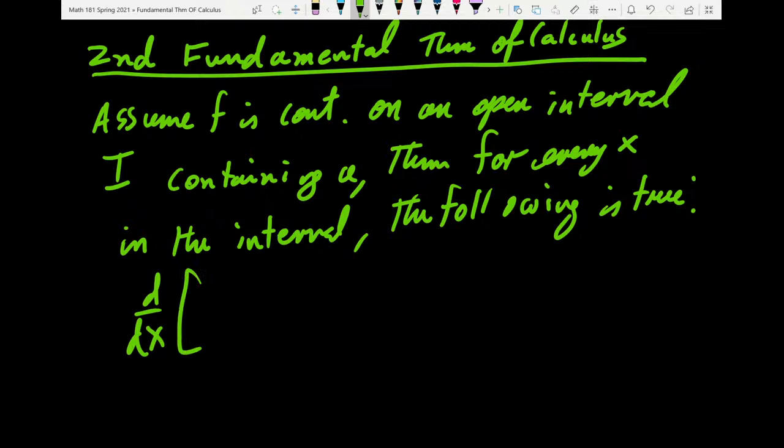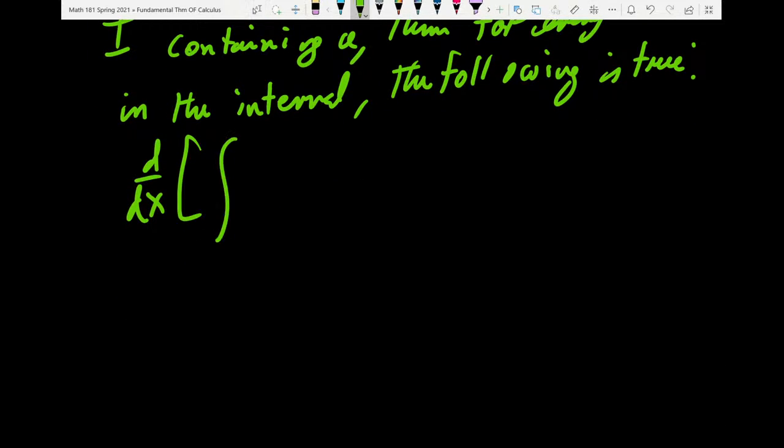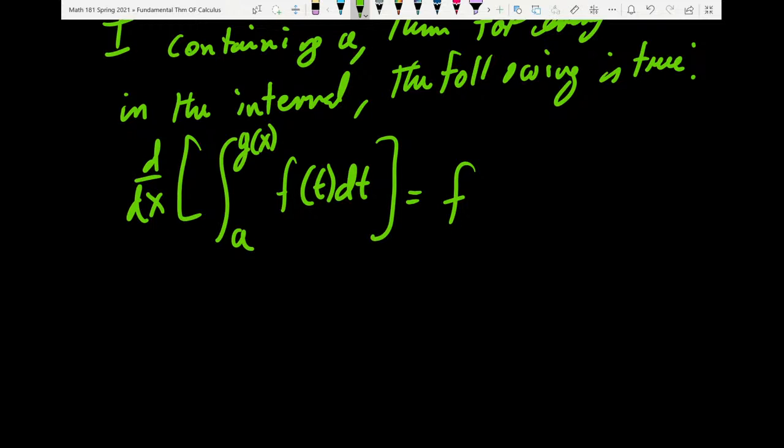We're looking at the derivative of the antiderivative of the function from a to g(x), which is a continuous function. What would that be? It's super easy. You just get that original function evaluated at g(x) times g prime of x. That's all.